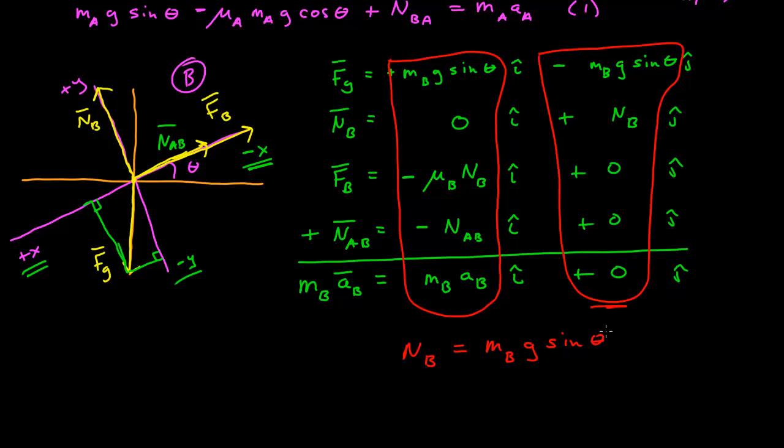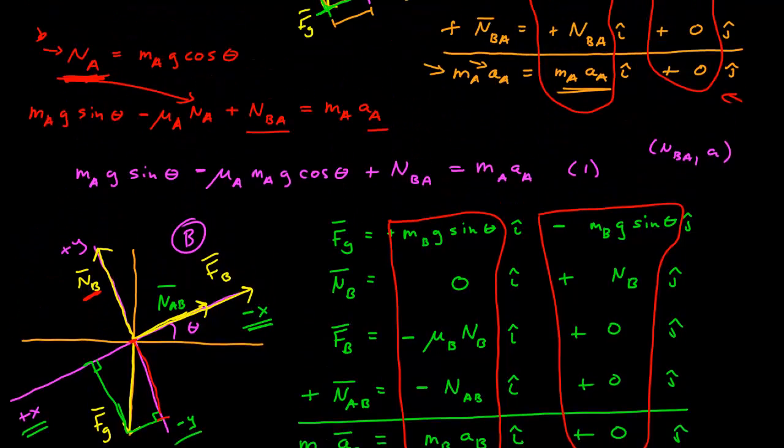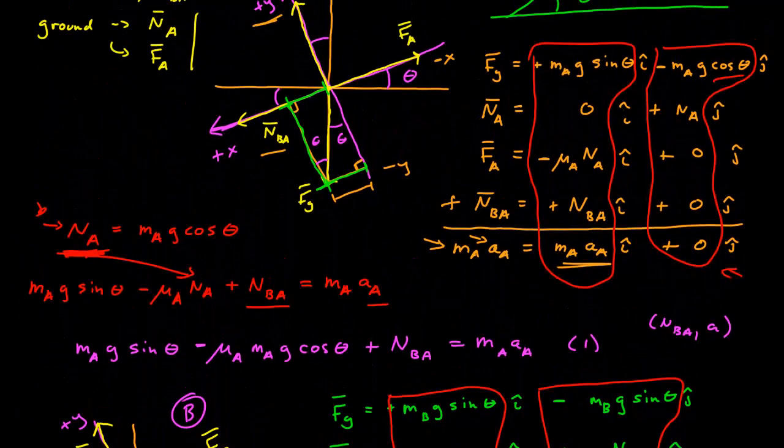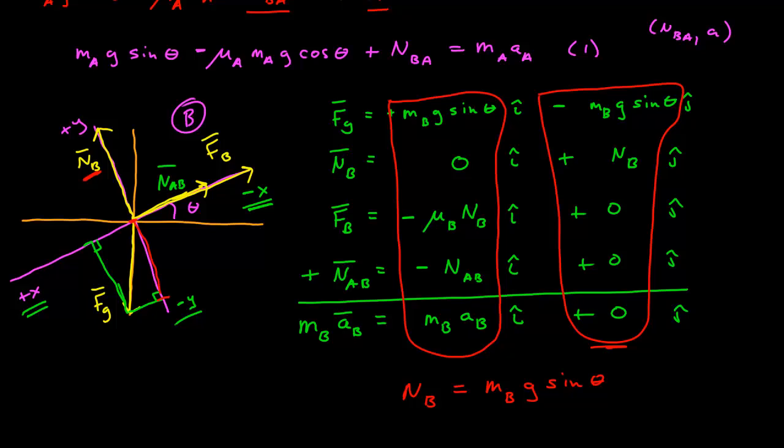It's telling me that the normal force of the ground on B is equal to the y component of the gravitational force, which I did wrong, right? It's the cosine. So let's, always good to check your work.